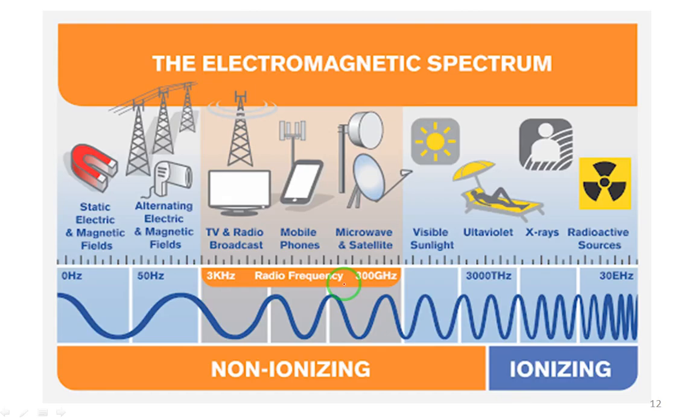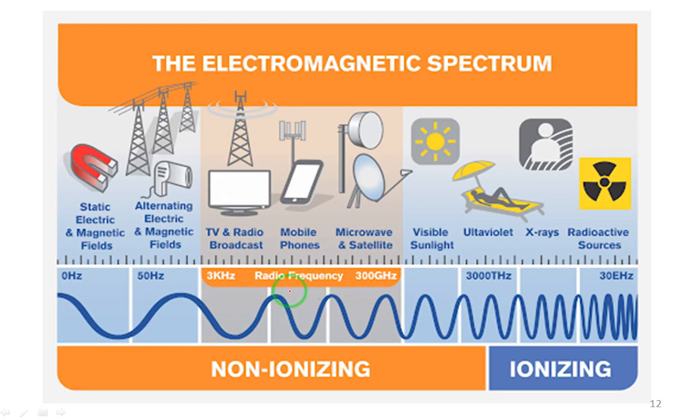Then you are familiar with the electromagnetic spectrum. As we move from left to right, the frequency increases and the wavelength decreases. As I move from left to right, the energy content of the electromagnetic waves goes on increasing.